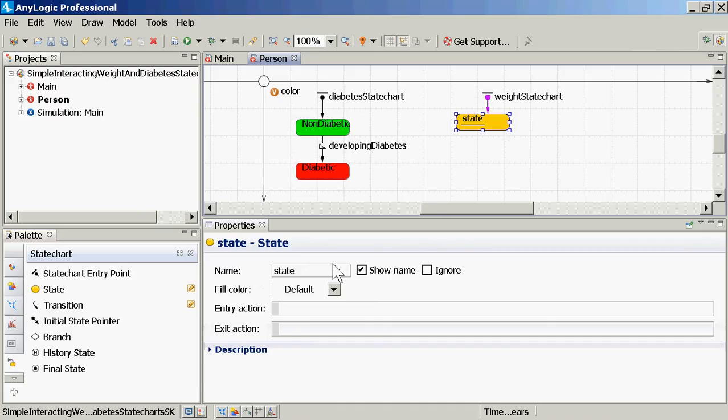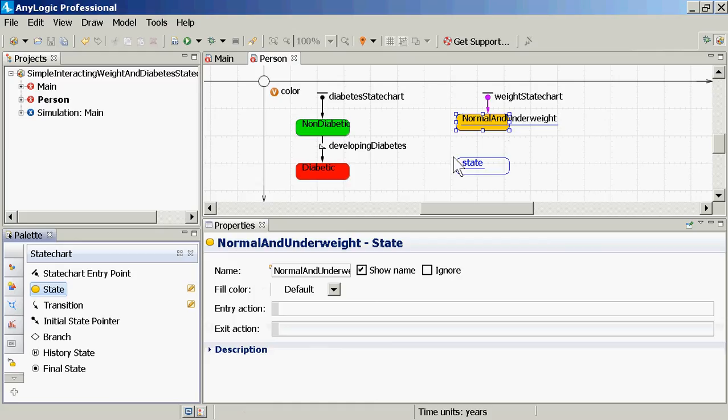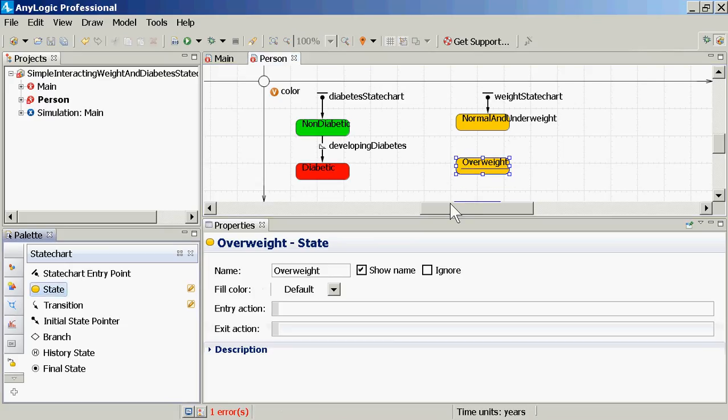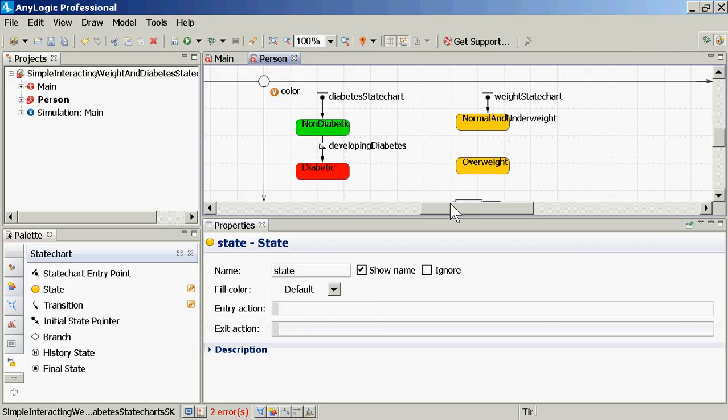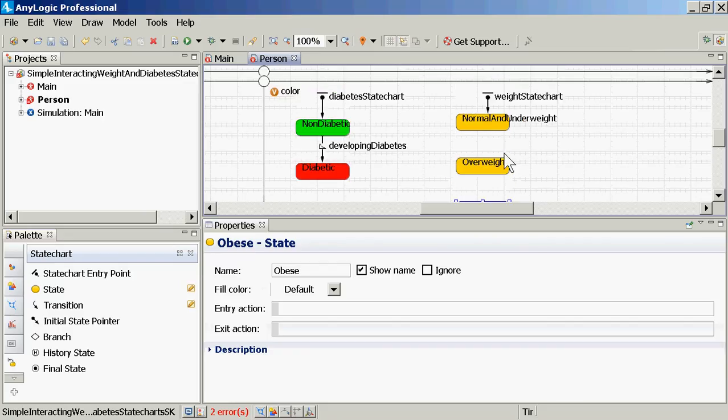Let's make this normal and underweight. And let's drag in another state that's overweight. And let's add in another state that's obese. These are weight categories that are distinct from diabetes.